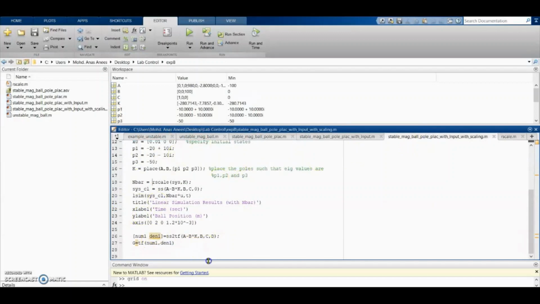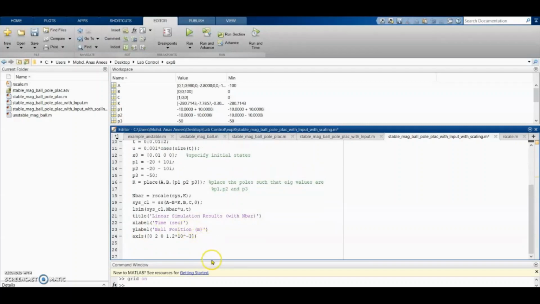Now I am running this program. Everything is same except that we have run rscale and saved n bar, and that n bar we have provided to the input. That means we have scaled up the input here. So you have to see what rscale is doing. I'm just running this program and comparing.